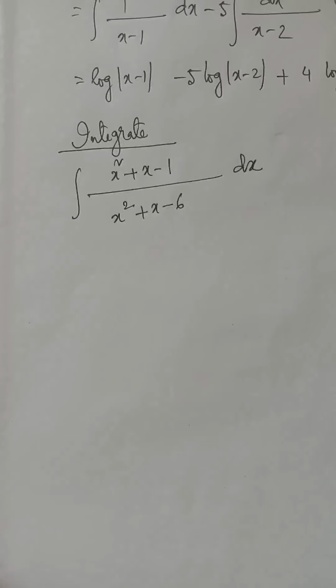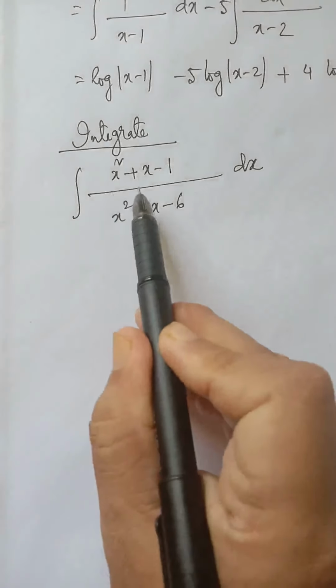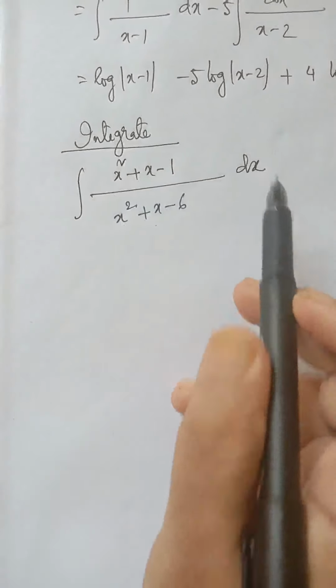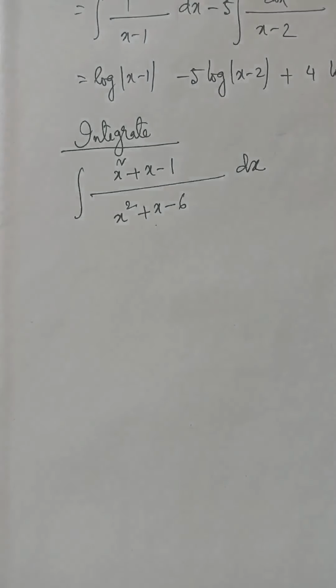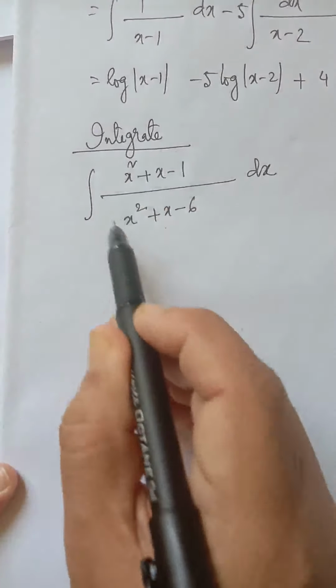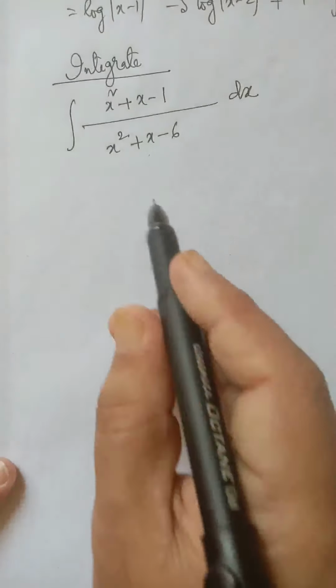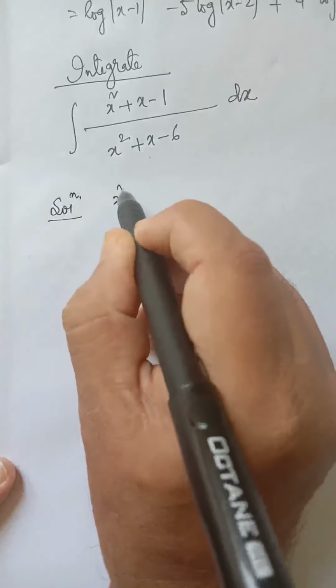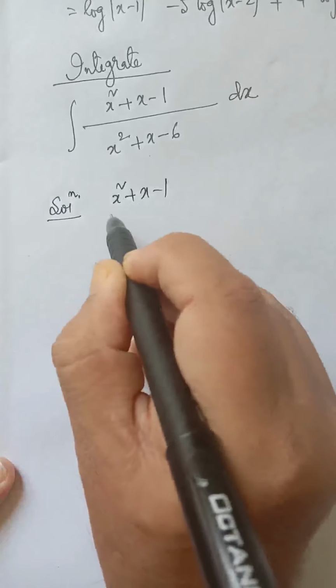Next question is to integrate x square plus x minus 1 divided by x square plus x minus 6 dx. Now you can see this is an improper rational fraction, and we cannot resolve an improper rational fraction into partial fractions.